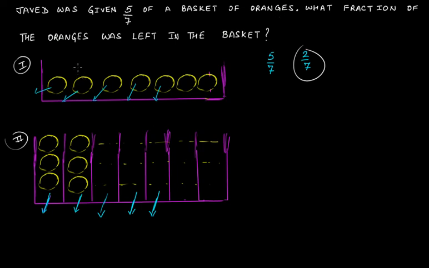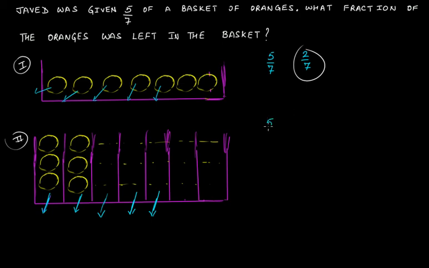So one way to think of it was to imagine that you are having 7 oranges in a given basket. Another way can be that this basket is actually divided into 7 equal parts. Each part maybe can be filled with as many oranges. For our discussion, we are supposing that we have only 3 oranges in each line. Now if I give away 5 by 7 of the basket of oranges to Javed, that means you have to give away 5 by 7 equal portions.